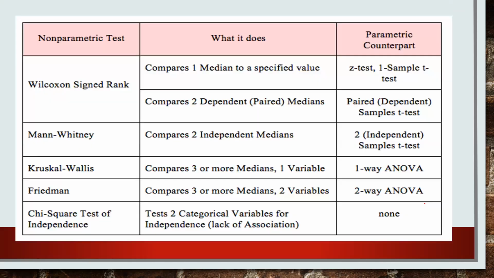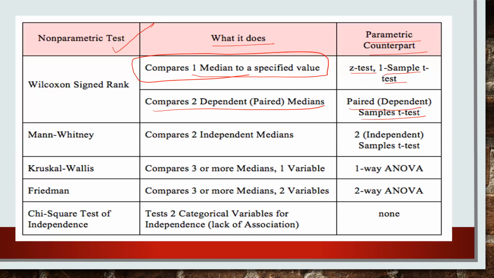Let's see in detail what the various tests are. The non-parametric test compares one median to a specified value. If we have parametric test, either we use Z-test or one sample t-test. And when we have two dependent paired medians, the similar parametric test is the paired sample t-test, which is also dependent.